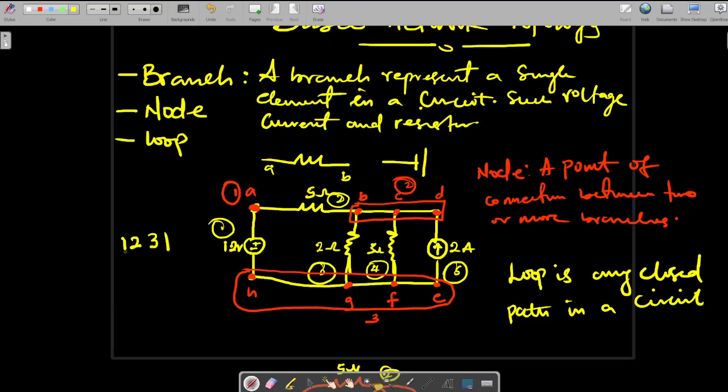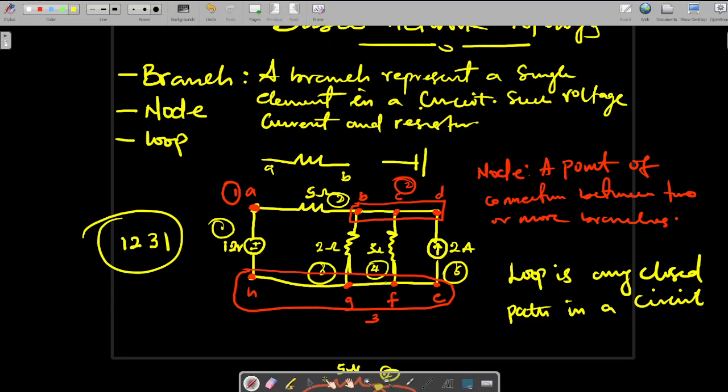You move from 1, then 2, then 3, then back to 1. This is a loop. Are you getting it now? You just create a loop. So that's why we said it is a closed path in a circuit. I hope you understand this now.